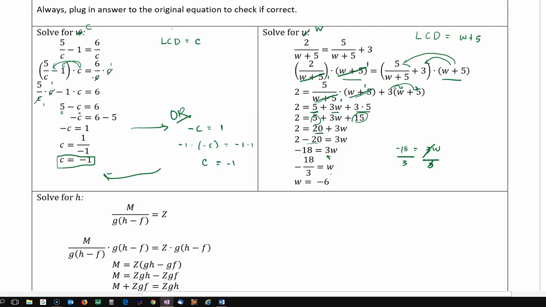So minus 18 over 3 equal to W. That gives us W equal to negative 6. Again, you can plug it in with your calculator and check if you still will have an equation. If the two are not equal, you have the wrong answer, so do it again.